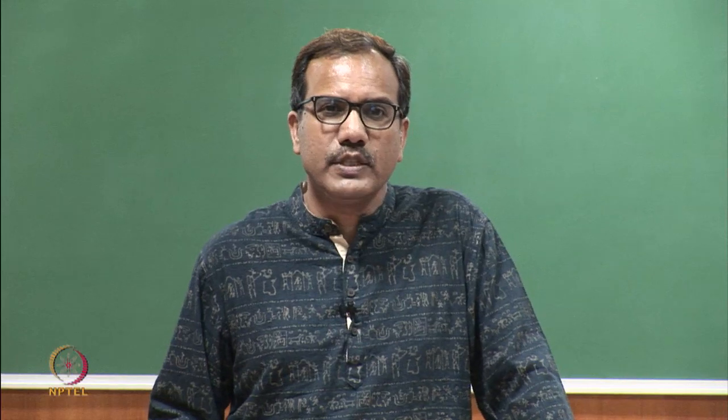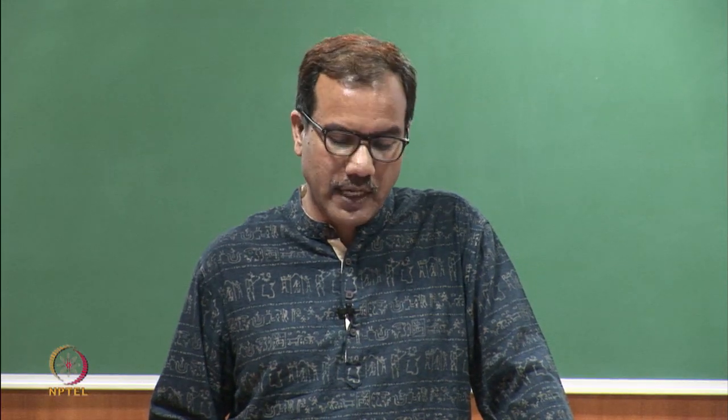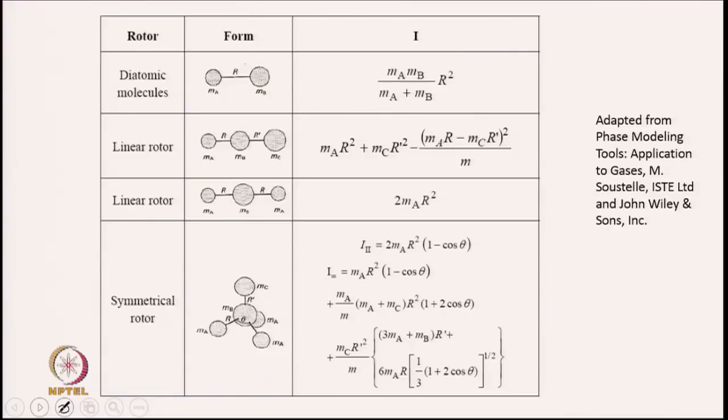Now, this is for diatomic molecule. But for other kinds of molecule, the I is not a simple function of r, it is a function of two different distances or one distance and angle, and this is basically given here.